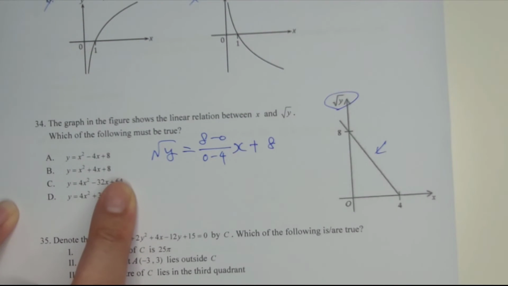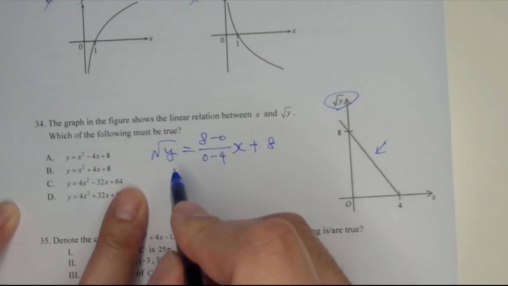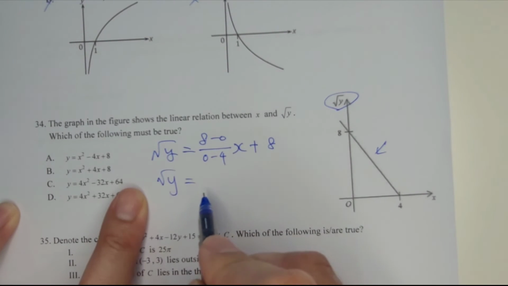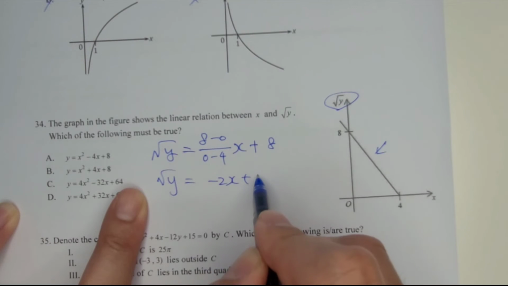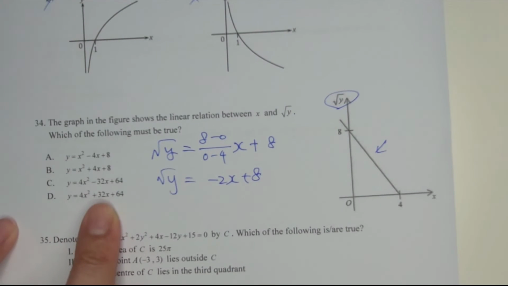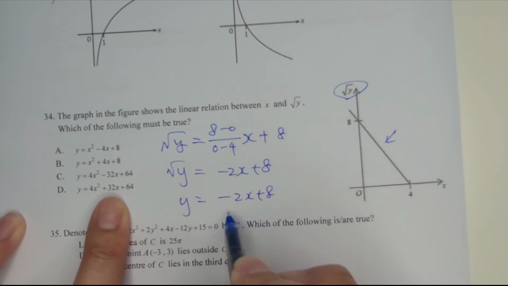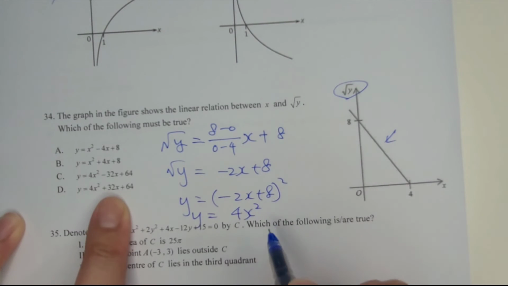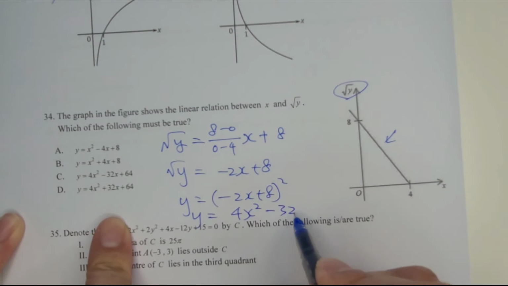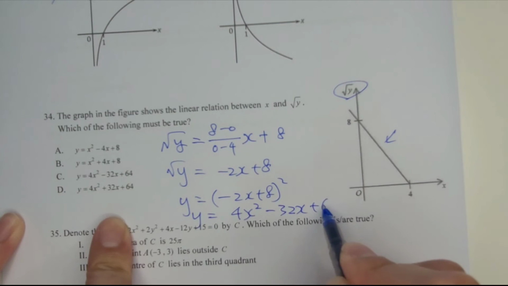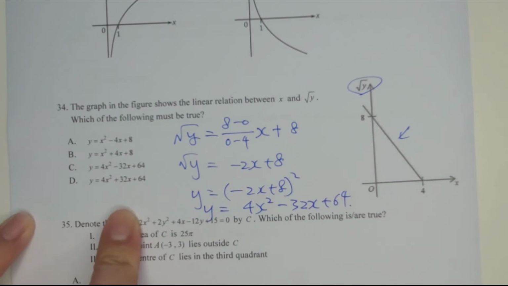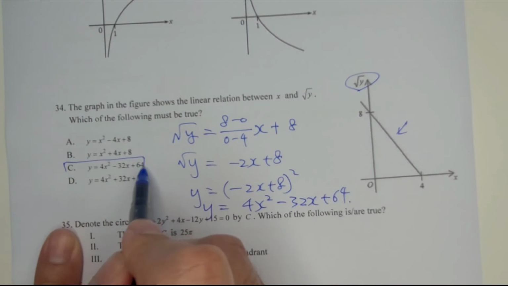That's the way you should write it down. So square root y would be equal to negative 2x plus 8, and hence you can make y the subject. (Negative 2x plus 8) squared can be expanded to become 4x squared minus 32x plus 64, and so the answer is C.